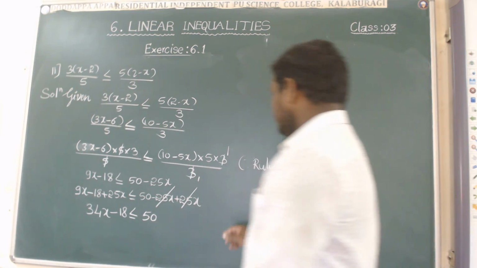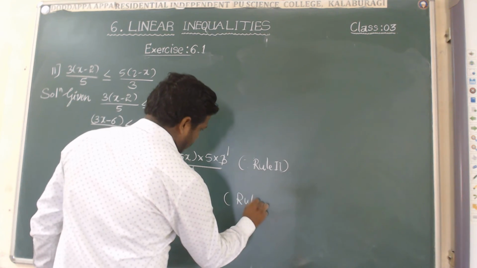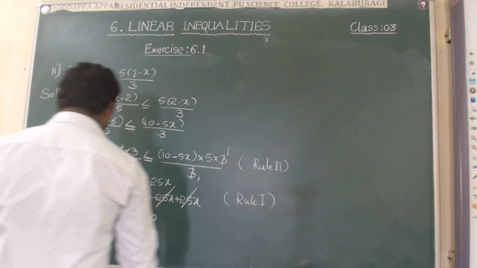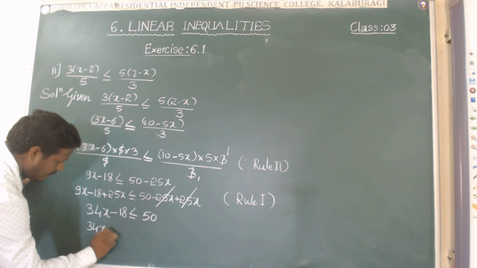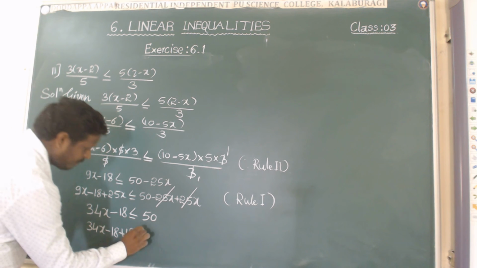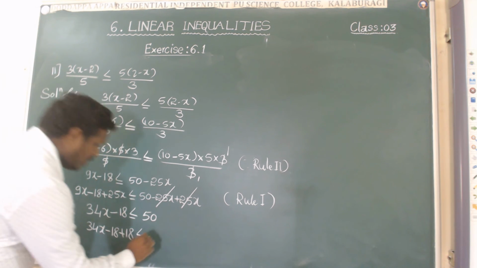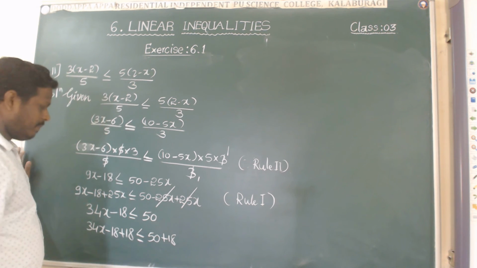Okay. I am using the first rule again here. 34x minus 18 plus 18. I am adding both sides by 18. The symbol will be coming the same, no changing, no affecting. Okay.